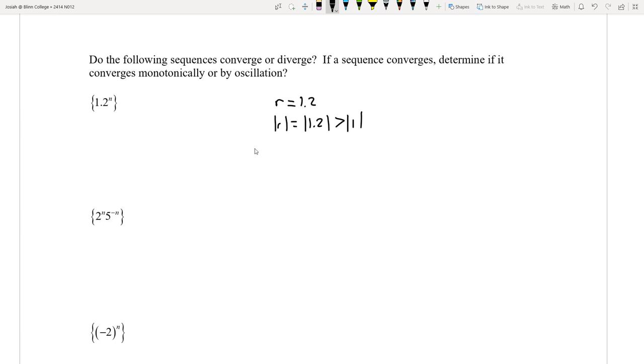And so in this case, this guy is going to diverge. So the limit of 1.2 to the n here does not exist by that previous theorem, and therefore 1.2 to the n diverges.